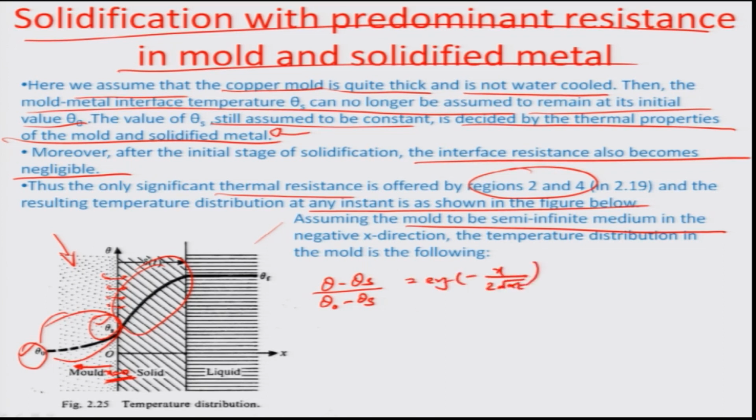So, this is completely on the basis of the distribution, the solution of the one dimensional heat transport equation that we did at the first instance when we considered the temperature distribution of the sand molding. Only thing here changing is the boundary conditions and nothing else.